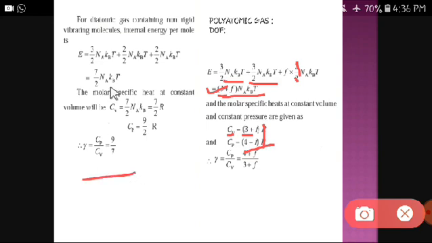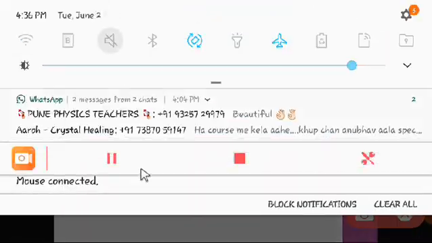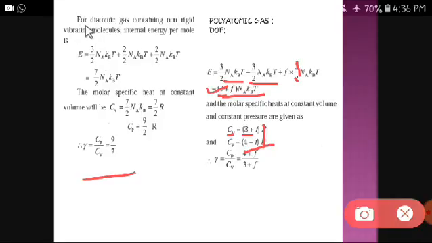Now there is one more term, which is nothing but for diatomic gas. Diatomic gas we have done already, so why is it so? Because we are going to consider this as non-rigid. First we have seen for rigid, and now we are going to see for non-rigid. For non-rigid, vibrational motion will be there.